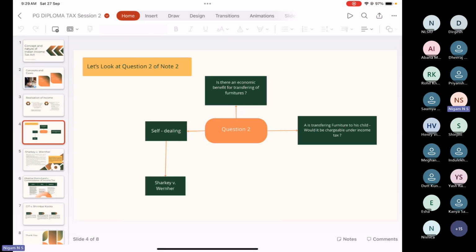So now we have a situation where there is some self-dealing going on, in the sense that A is transferring furniture to his child, and would it be chargeable under the Income Tax Act? Is the question.